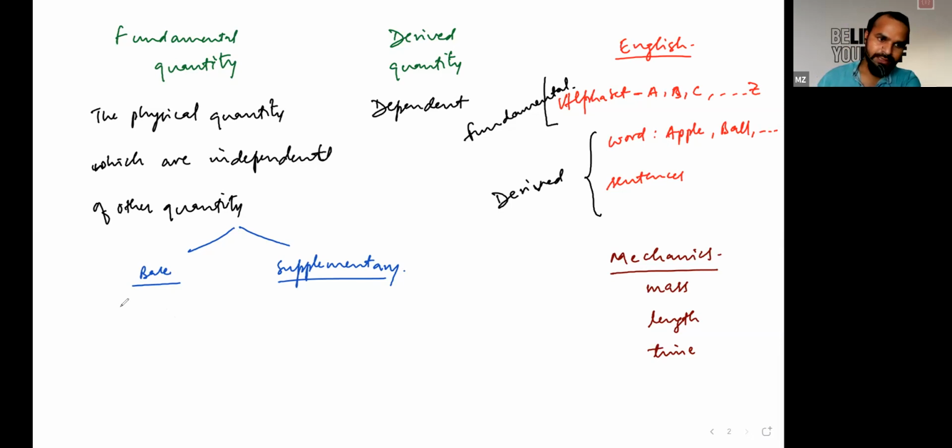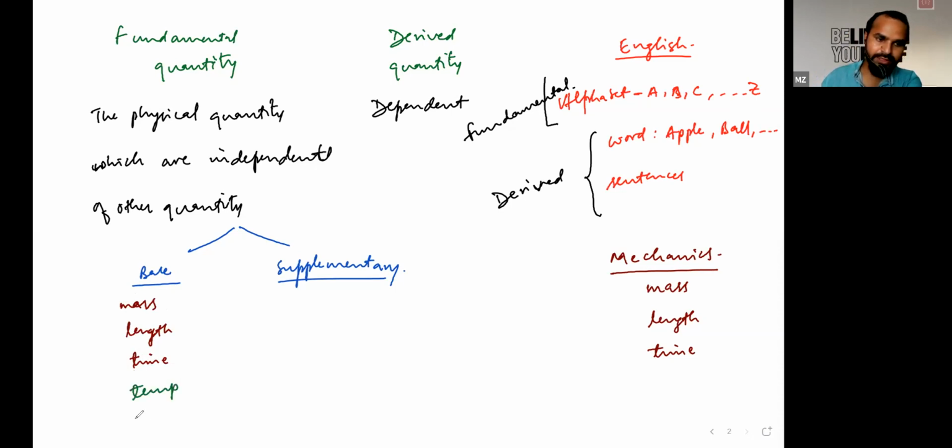So in earlier days, base quantities would be mass, length, and time. But later on, due to advancement of physics, some more quantities were enrolled in this category.